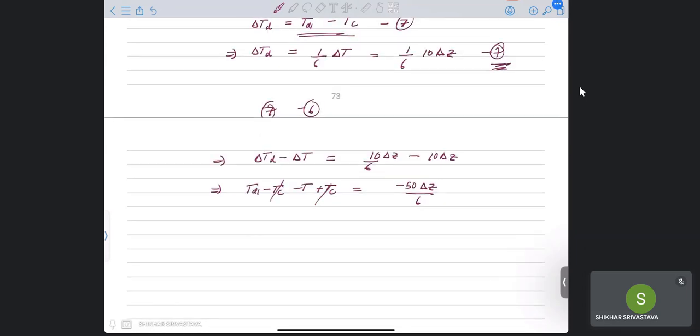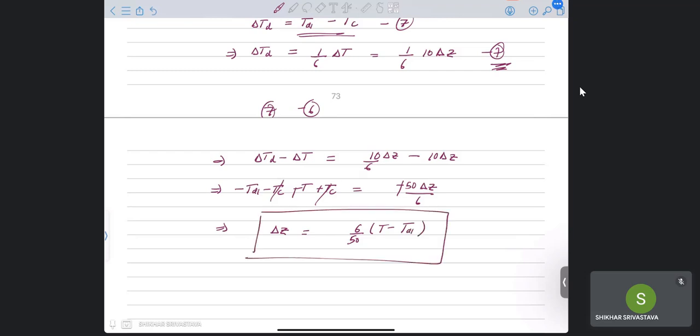This will cancel out. So finally, your delta Z will be 6 upon 50, I'm switching the sign, times T minus Td1. This is the height of the cloud from the surface, equal to 0.12 times (T minus Td1).